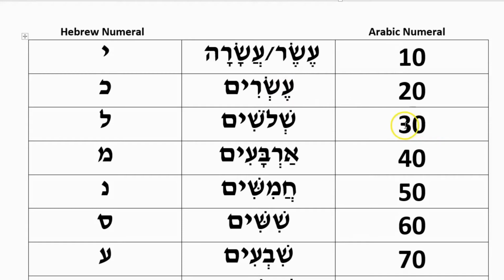30, Shloshim, and that is Lamed. 40, Arbaim, and that is written as Mem in the Hebrew numerals. 50, Chamishim, and that is written as a Nun in the Hebrew numerals.